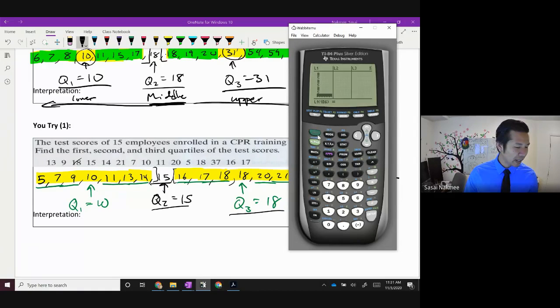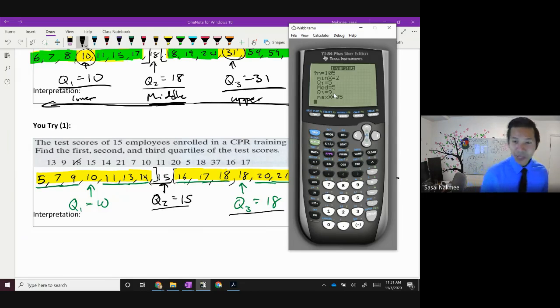And then you go back out and hit the same stuff. Stat, calculate, one variable statistics, go down to calculate. Oh, I typed in 105 numbers. Here's my average. Here's my standard deviation. That's a pretty big standard deviation. And then my Q1, Q2, and Q3 are listed on there.